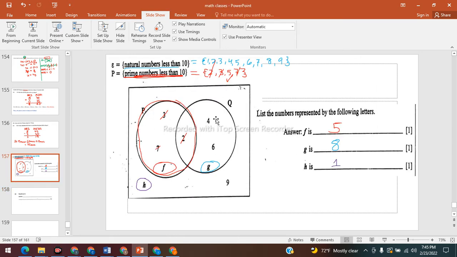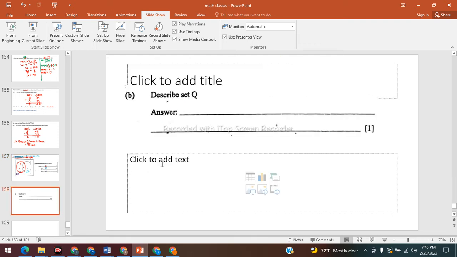What is set Q? Even numbers. Very good. Even numbers less than 10.